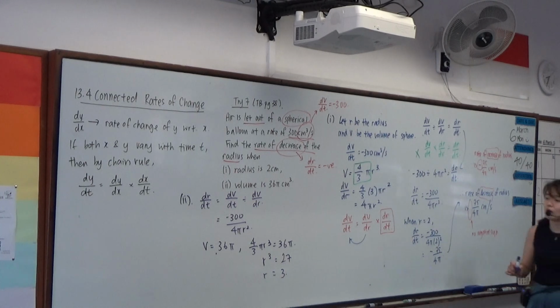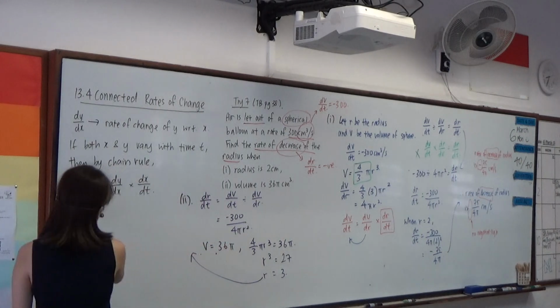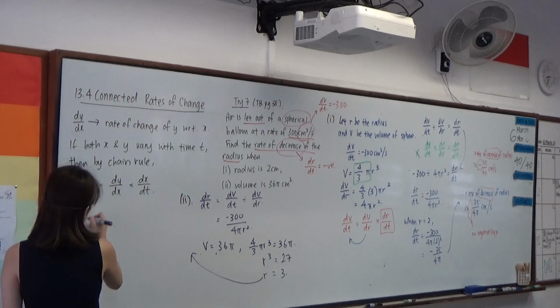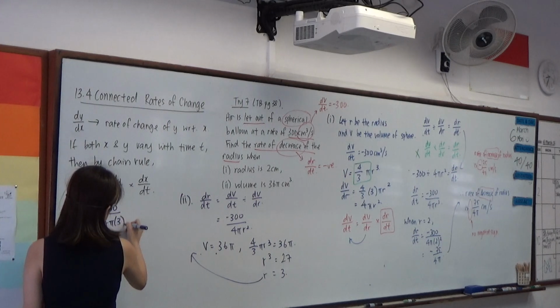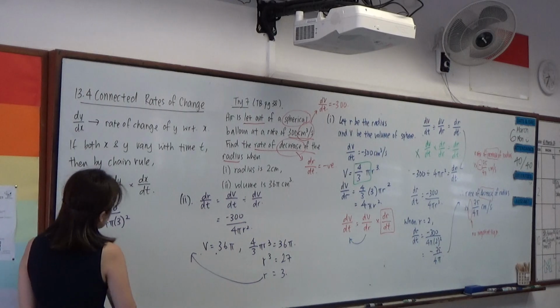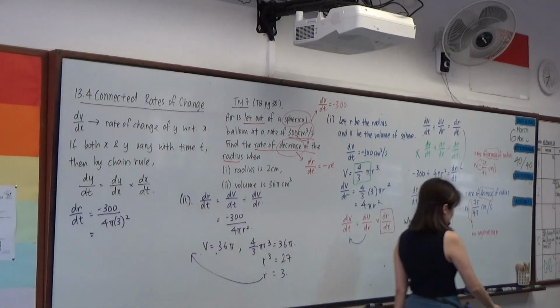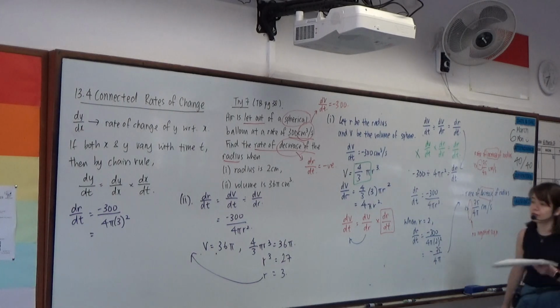So we have found the value of r already. Then I can find dr over dt, and that will help us get the value of negative 25 over 3 pi.